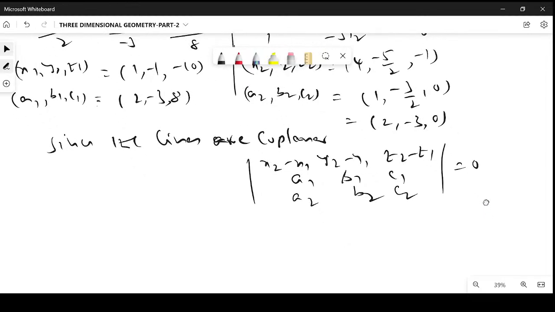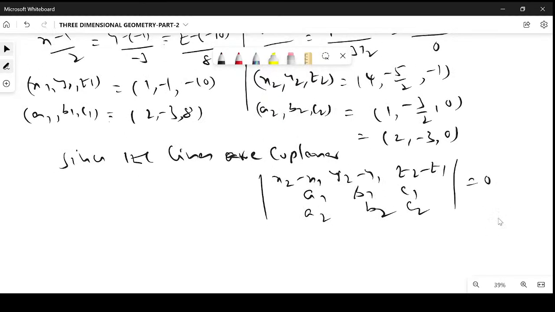If we substitute the values, x2 minus x1 is 4 minus 1, so I can write 3. Then minus 5 by 2 plus 1, minus 3 by 2, that is the point we have.